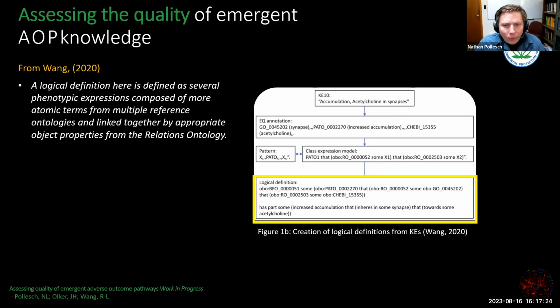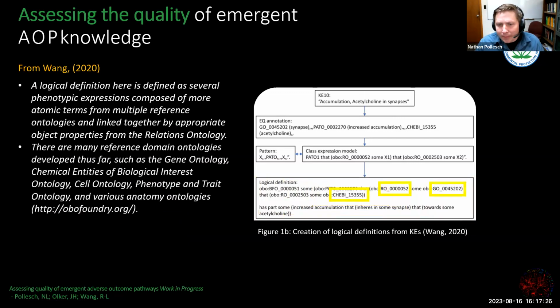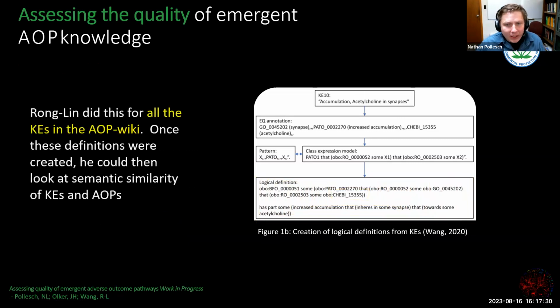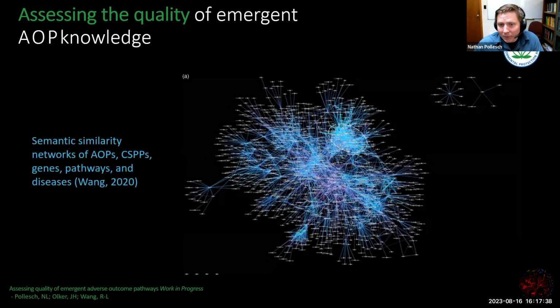So what got created out of this was essentially a semantic network. He did this for all of the key events in the AOP wiki, so that he could start to look at semantic similarity. This is just an overview, a messy image of the semantic similarity network for the AOPs, mixed with these other CSPPs, genes, pathways, and diseases.